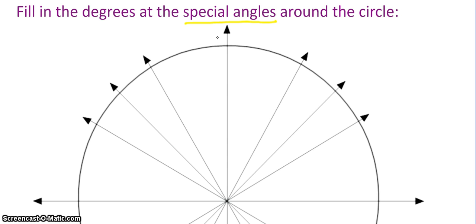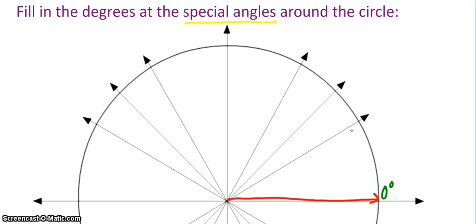Well, when we're talking about angles, we're talking about angles in standard position. So remember, the initial side is the positive side of the x-axis. So what is the angle right there? If that's where I am on the unit circle, that's going to be an angle of 0 degrees. Okay, well, what's the next one?